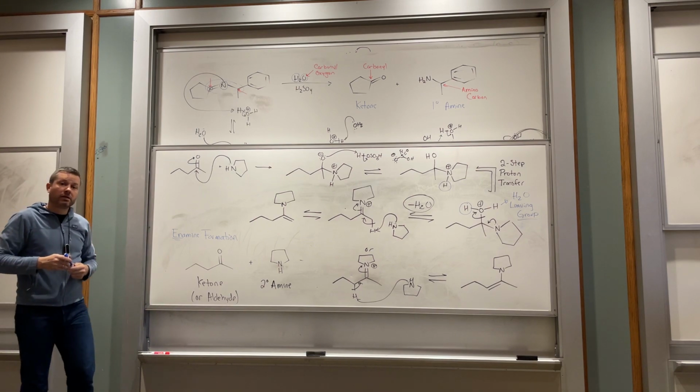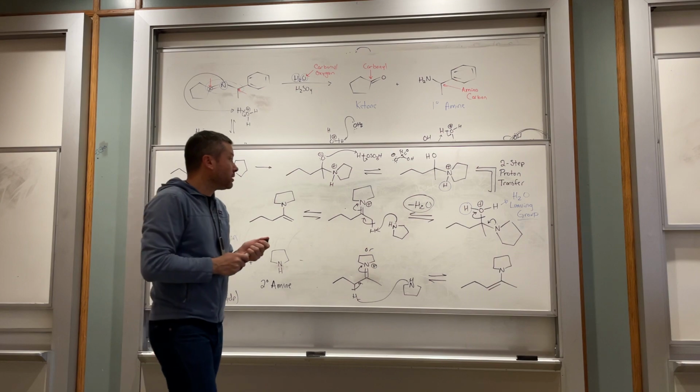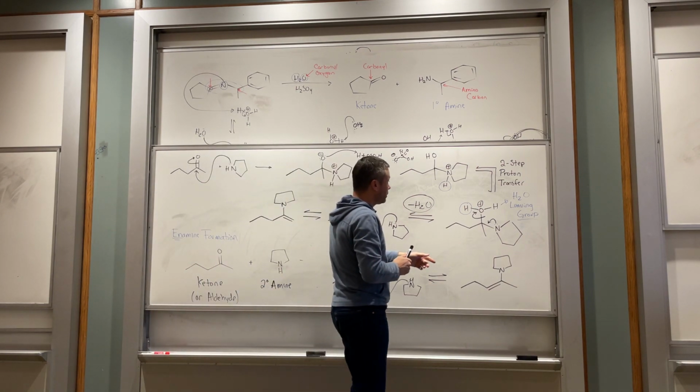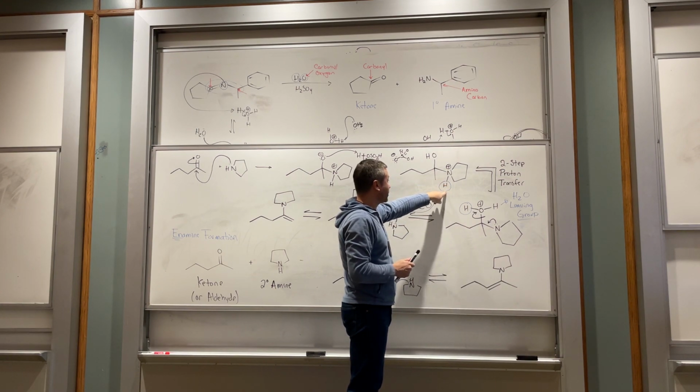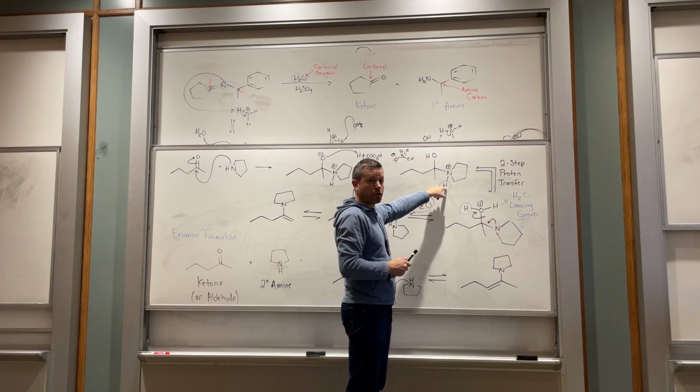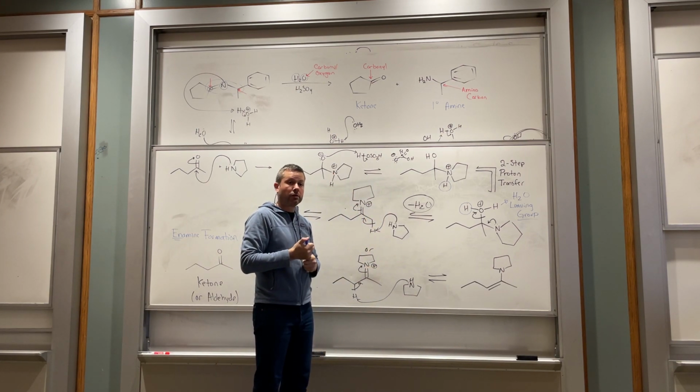Allison? For the water leaving group, could you use that deprotonated acid as a shuttle or no? Sure, yeah. If you wanted to show this with the sulfonate anion, you could show the sulfonate anion transferring that proton.